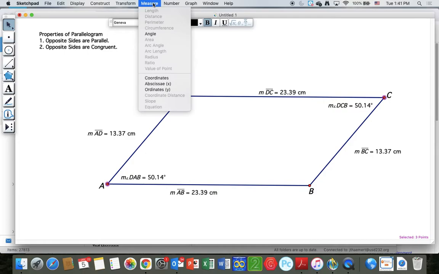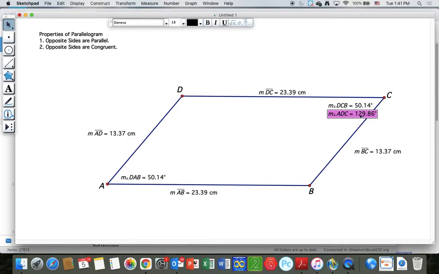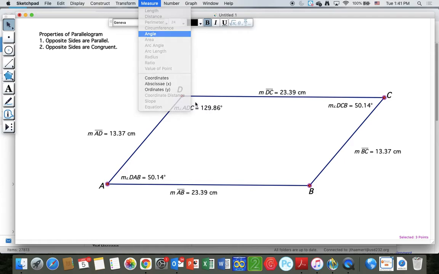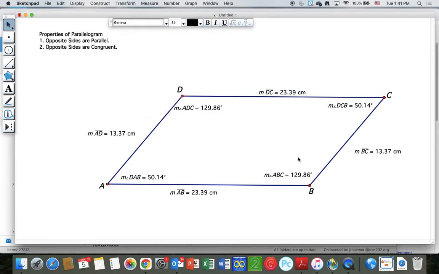So let's find angle D. Well, that's 129.86. Let's find angle B. And that's 129.86. So what can we say about opposite angles? Opposite angles are congruent as well.